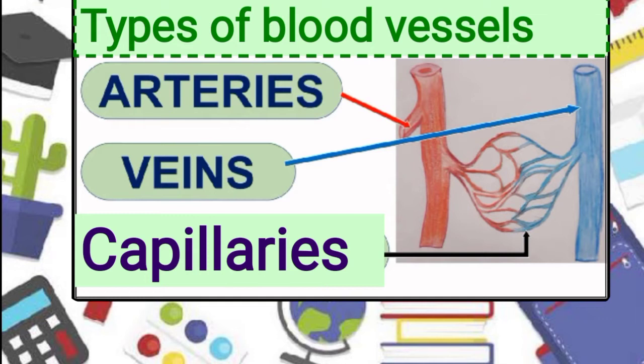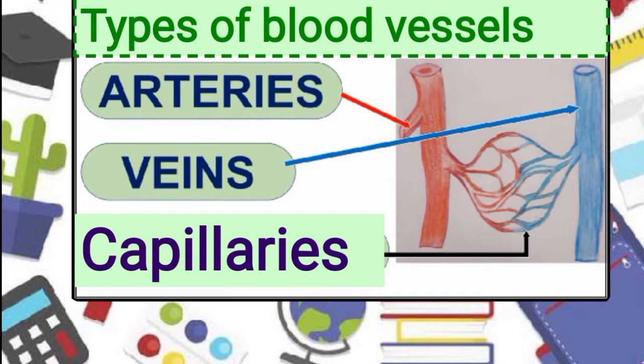The smaller arteries that connect to capillaries are also blood vessels. Blood vessels that take blood toward the heart are veins, and veins get bigger as they go towards the heart.